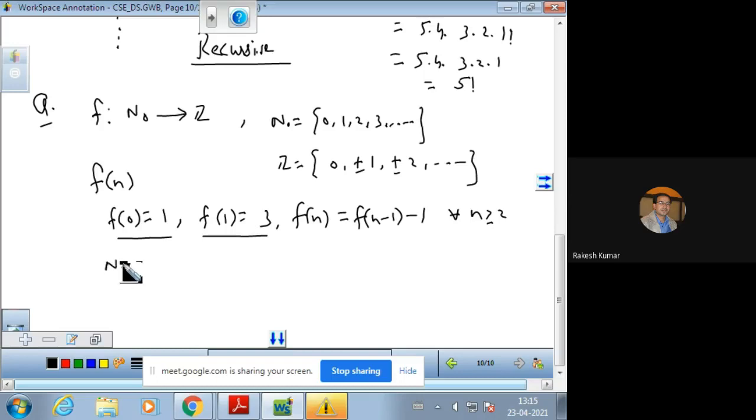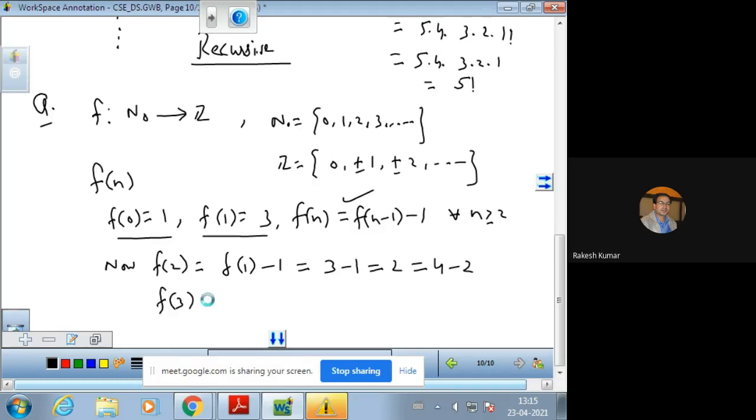Now we can find F2. For F2, by using this relationship, we have f of 1 minus 1, and f of 1 is 3, minus 1. So this comes out to be 2. And because we have to create a relationship, 2 can be written as 4 minus 2.